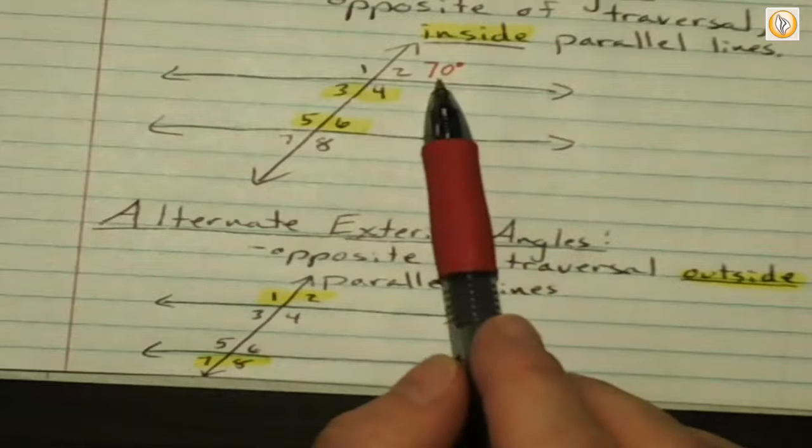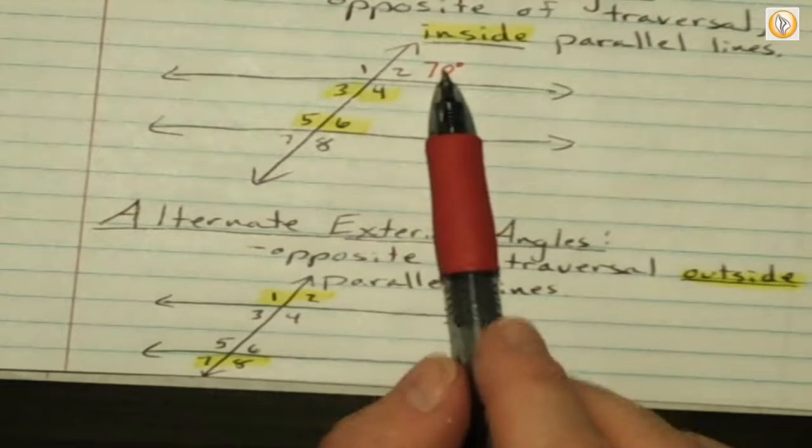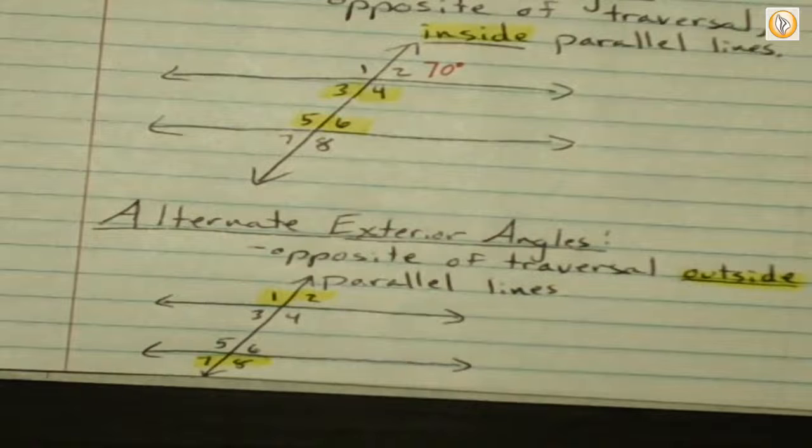So let's say angle 2 is 70 degrees. And I'm going to say find the measurements of all the other angles. I only gave you one, but I want you to find all the other angles. Now, can we find the measurement of angle 1?